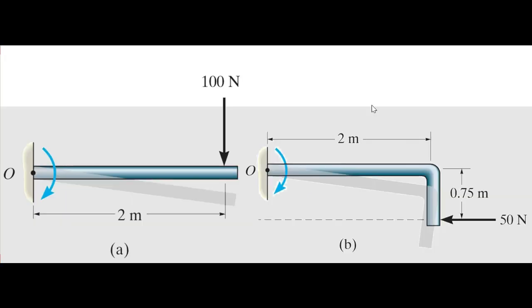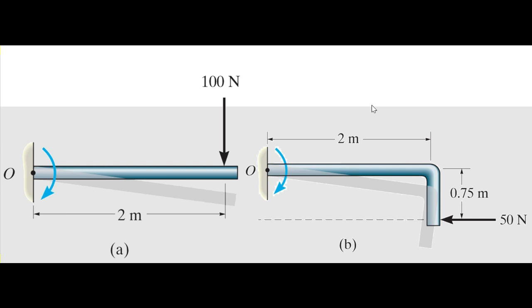So now we want to practice calculating moments in 2D so that we can understand how the previous equations that we've explained work. We'll start with a 2D problem, and you can look on the left side, where a 100 Newton load is applied to a cantilever beam, a beam that has a fixed connection at O and is free at the tip.